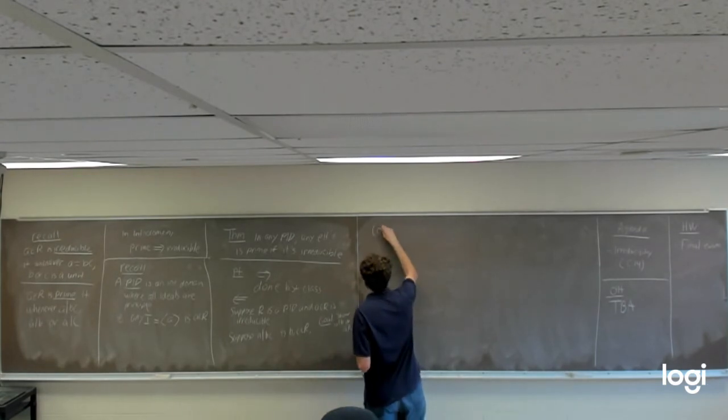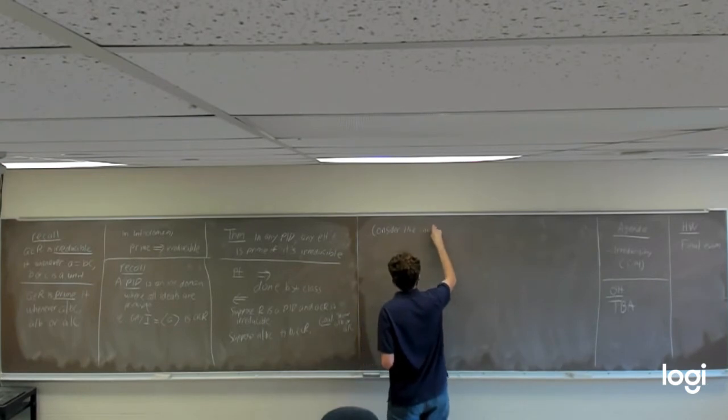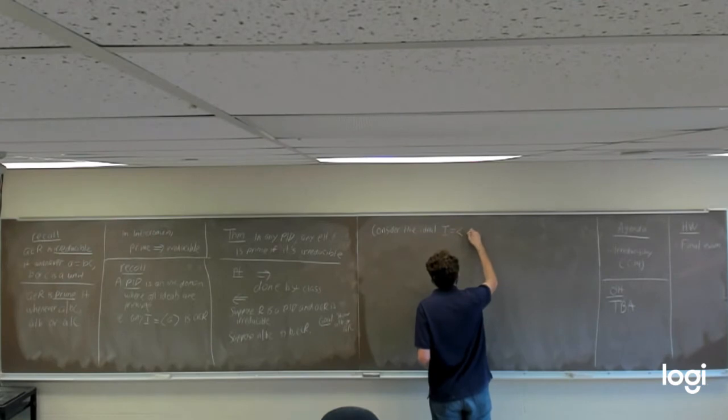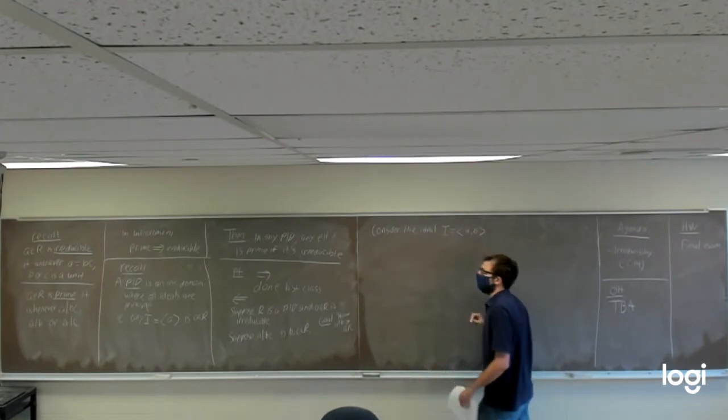So we're going to consider the ideal, I'm going to call it I, that's equal to the ideal generated by A and B in our ring.